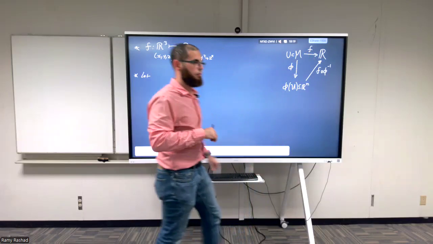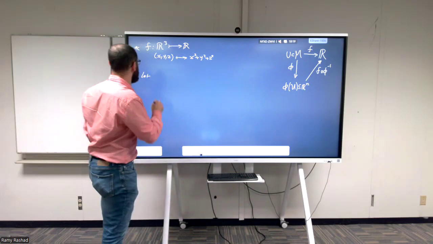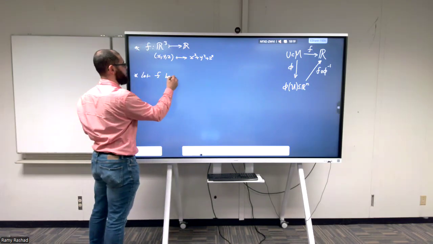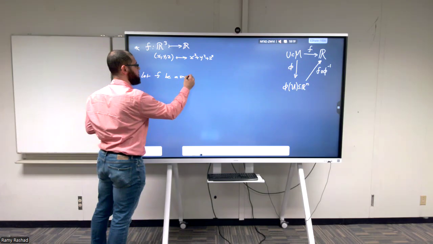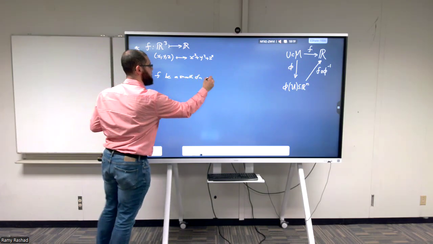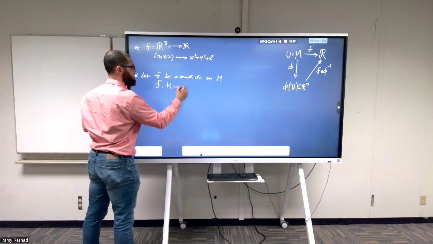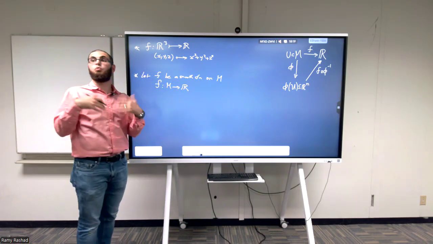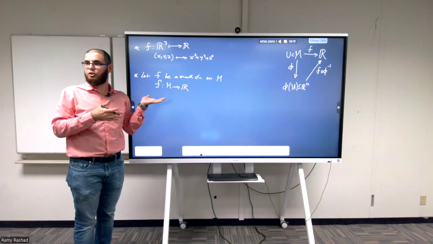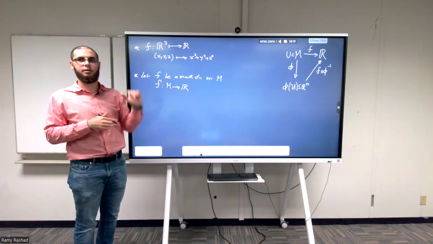Question? Okay. So let f be a smooth function on M. In other words, f is a map from M to R, and f is smooth. What does smoothness of a function on a manifold mean? You know what that means.